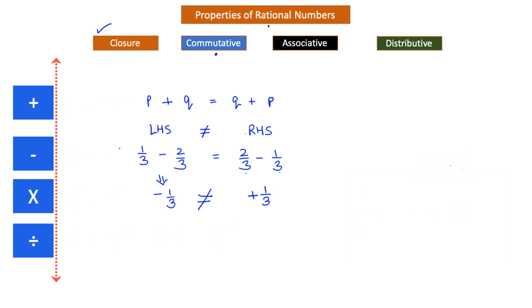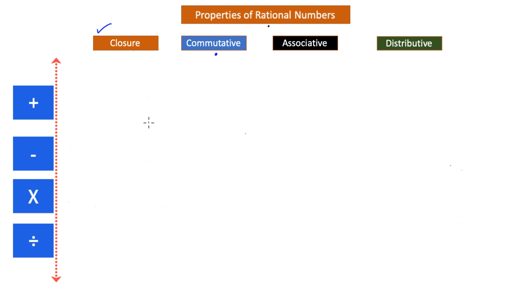Okay. Now, what about the multiplication operation? So let's pick some examples. Commutative under multiplication does hold true. For example, if I take a number p and multiply with q, it does not matter how I put these numbers in different places in this multiplication.